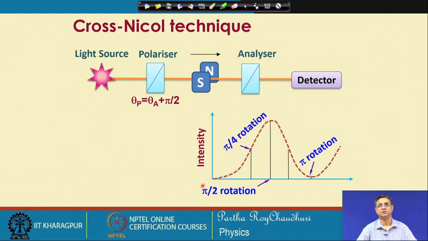This is the rotation angle and this is the intensity. It goes through a maximum and then a minimum, and this is periodic as you keep increasing the magnetic field. Again, this depends on the length of interaction of the magnetic field with the optical beam.